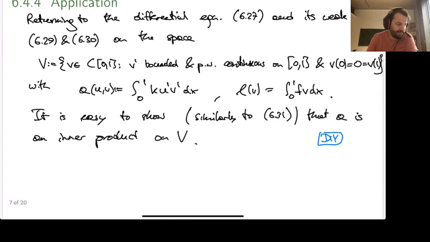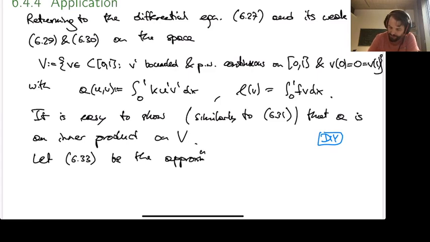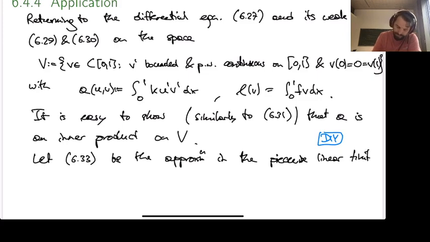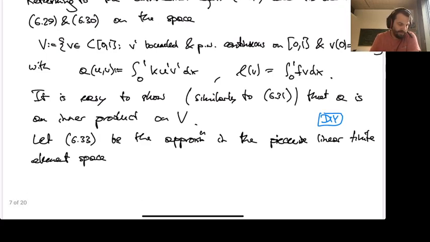Now let u_h be the approximation in the piecewise linear finite element space V_h defined in 639. I had it above.